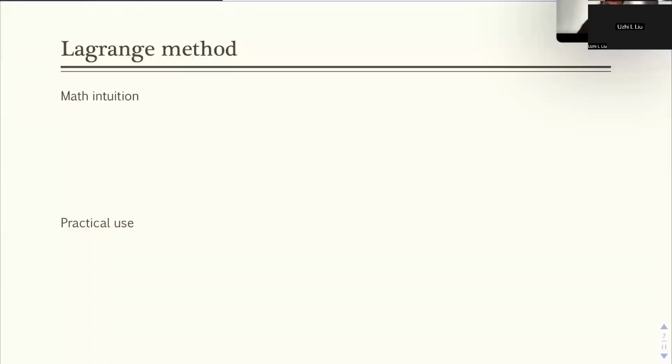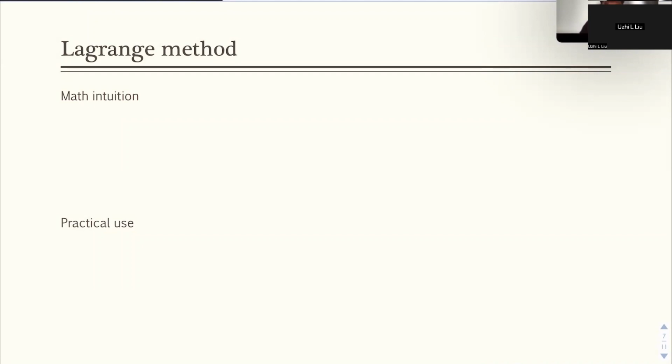So we will introduce the Lagrange method from two perspectives. The first one that I chose is math intuition. I think understanding the mechanism behind it is very important. And secondly, we're gonna talk a little bit about some practical use, how this nonlinear optimization can benefit our current life.